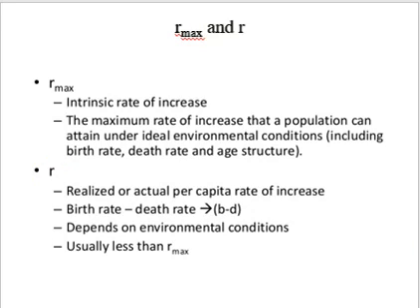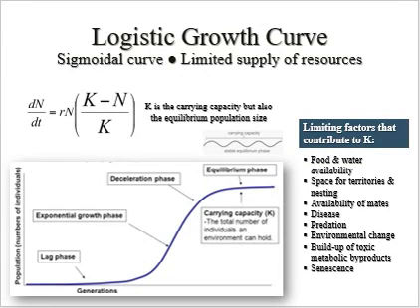Now, as I was saying before when I was initially talking about exponential growth, in reality you don't have populations existing in environments of unlimited resources. In reality, populations are dependent upon finite resources for survival, and this will limit that exponential phase of growth for a specific population curve.